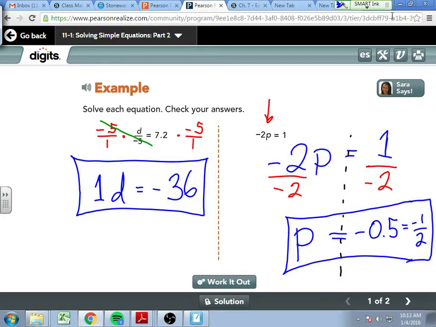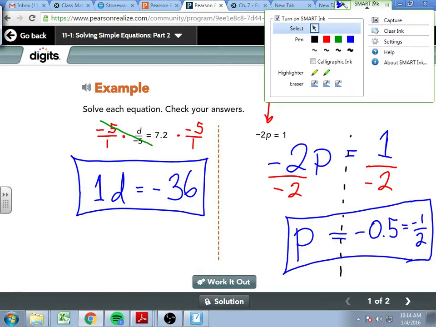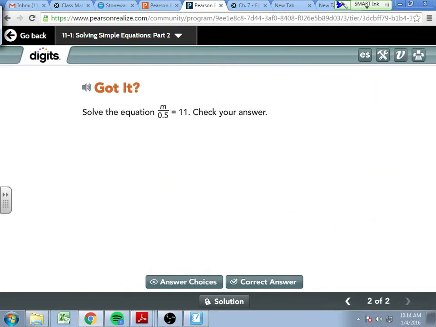Try this one on your own. Mr. Boyer, what do you see being done here?